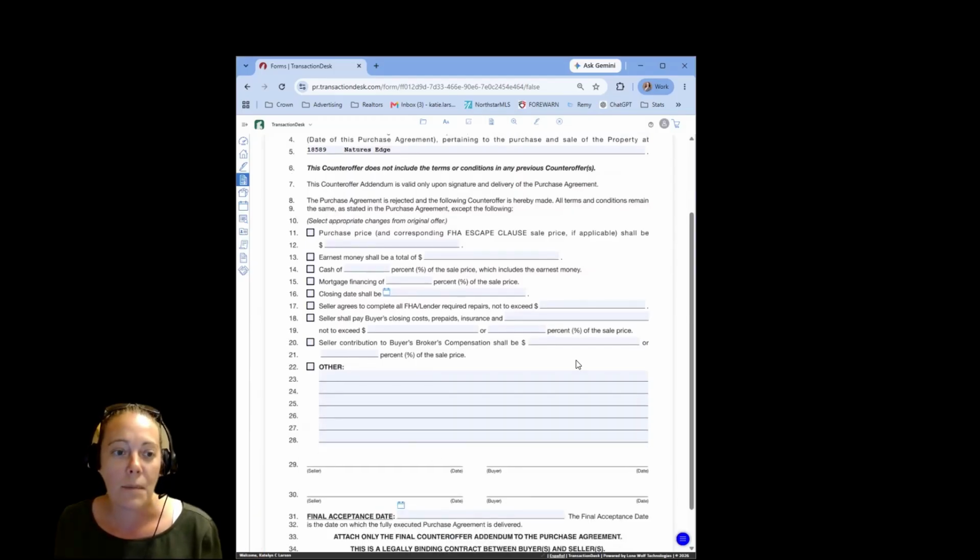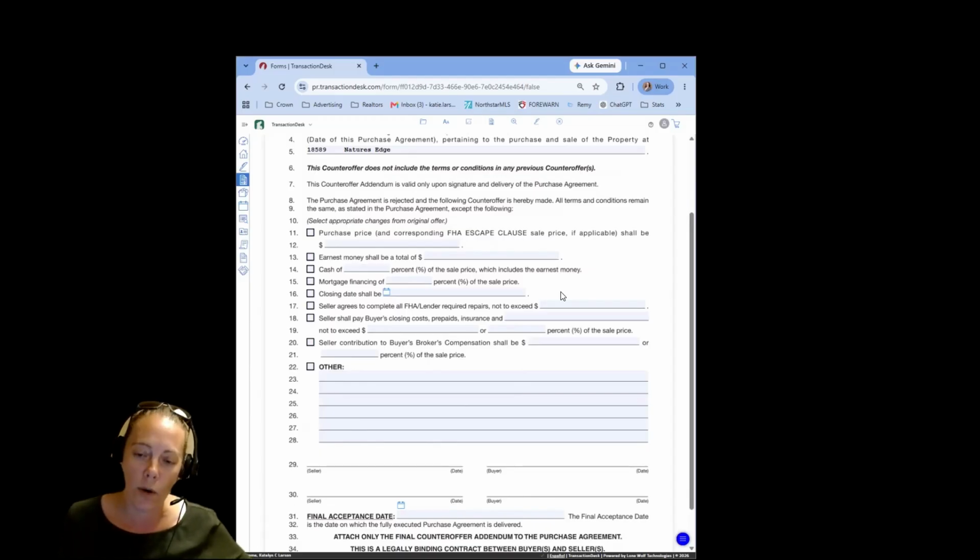Okay. This form used to be very short, where it was purchase agreement, purchase price, earnest money, closing date. And then the rest of this was the other category. As years have gone by, they've added other things that are usually a part of negotiation. That doesn't mean that you can't negotiate other things that are in the purchase agreement.